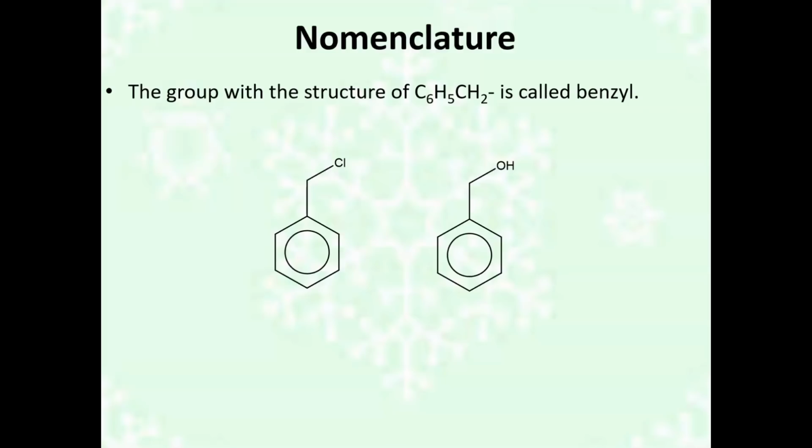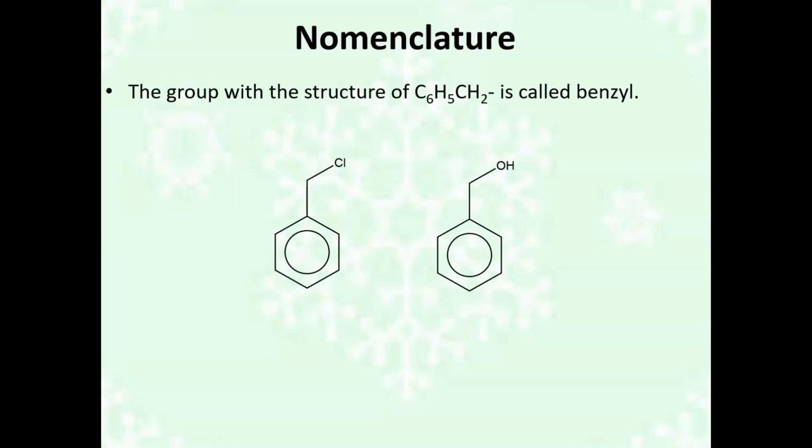Last but not least, the group with the structure C6H5CH2 is called benzyl. The structure C6H5 is called phenyl, but together with CH2, C6H5CH2 is called benzyl. Here are the examples.